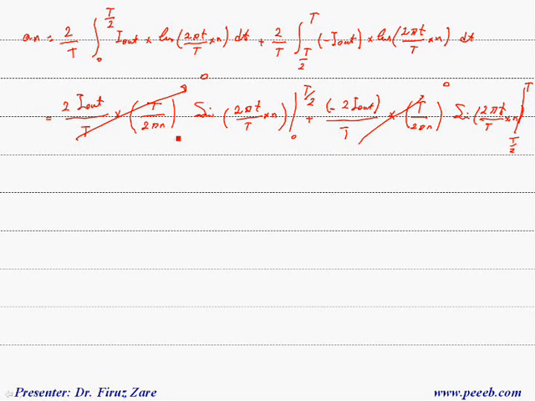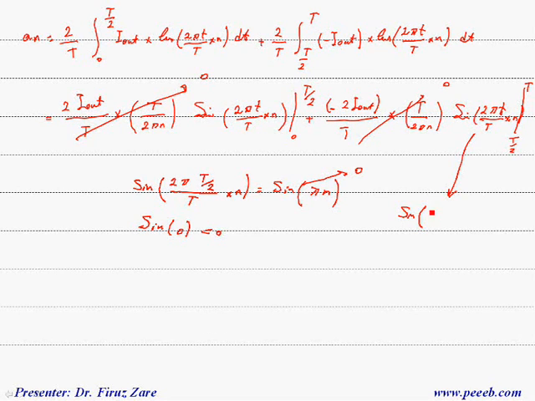So these two terms are 0 because sine 2 pi T over 2 divided by T times n equals sine pi n, and for any n we have 0, and the lower limit means sine 0, which is always 0 in this equation.